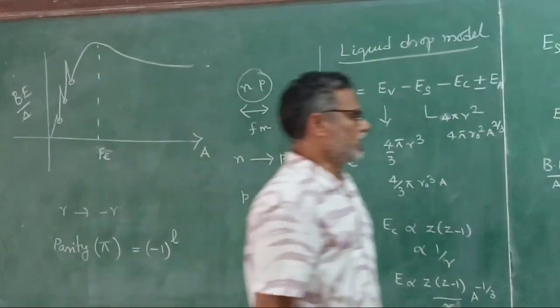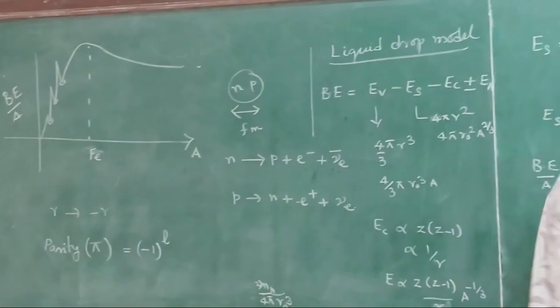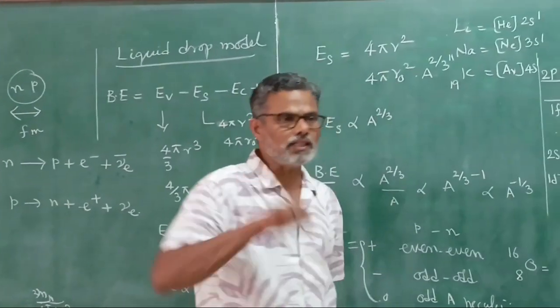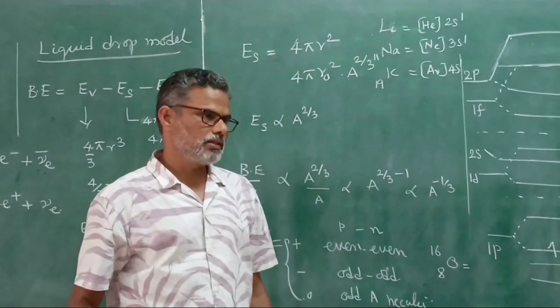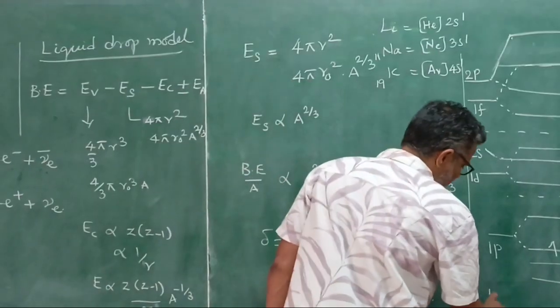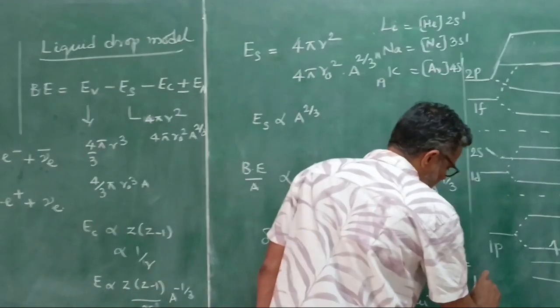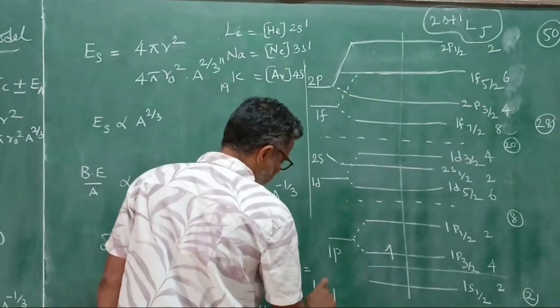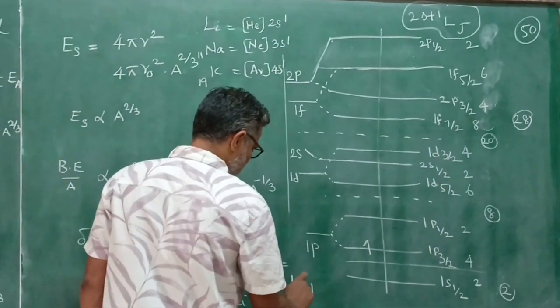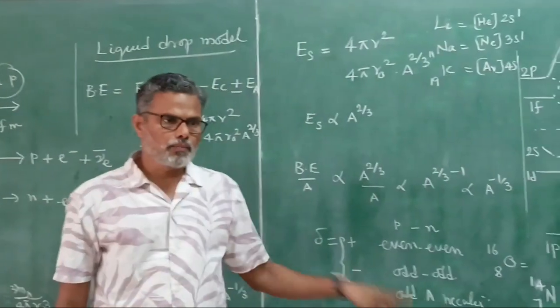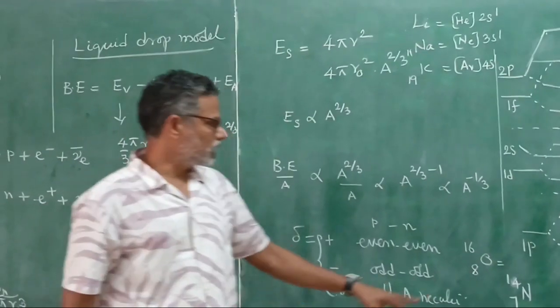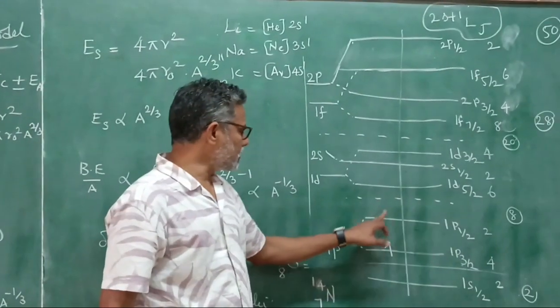Take, for example, oxygen. Both of them are 8, so neither proton nor neutron will contribute to the physical quantity. The next one, let's say nitrogen, 7 and 14. The proton number is 7, so 6 protons are completely filled here, and the next goes here.